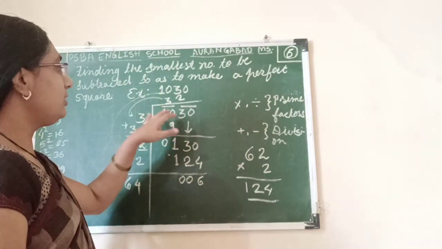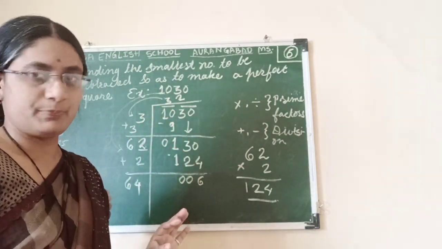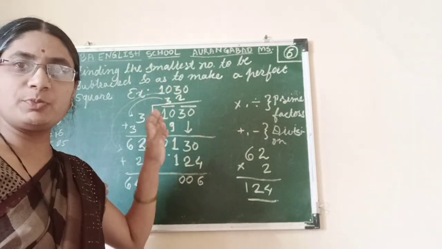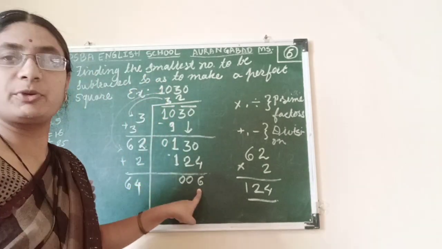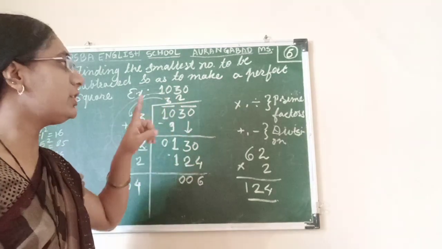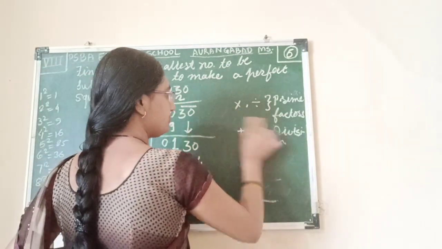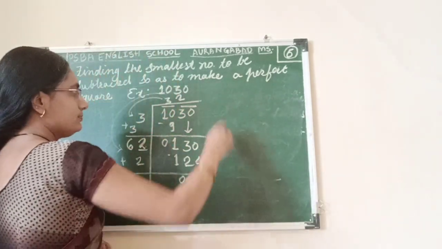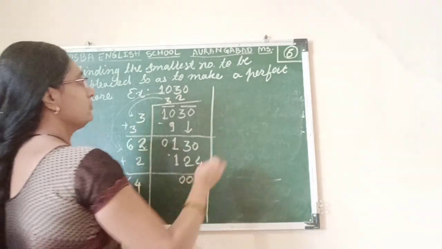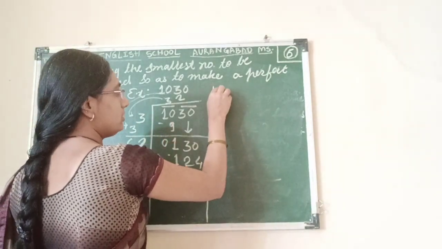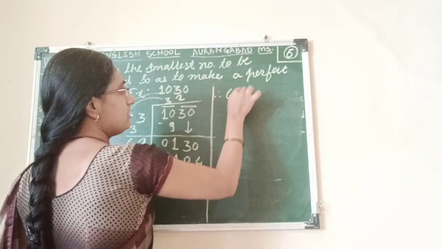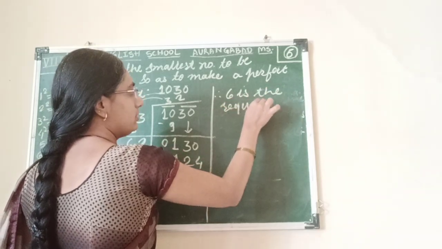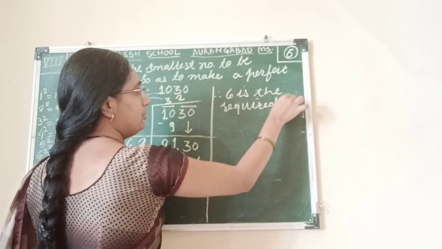It means that the given number is definitely a non-perfect square. And our question is find the smallest number to be subtracted so as to make it a perfect square. So if we subtract this 6 from 1030, what happens? Let us see. Therefore 6 is the required number.